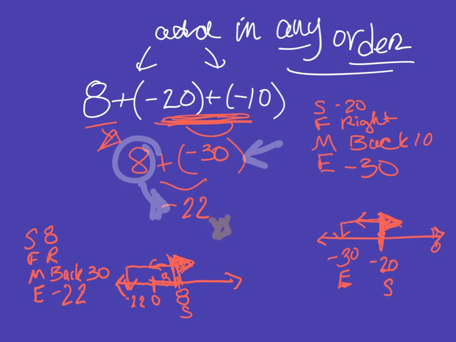Okay, I'm going to write 8 plus negative 30 equals negative 22. And that right there is your final answer. So you could have had either one of those. Hopefully you had at least one of them, and please, feel free to add the other one in so you can see it in your notes.